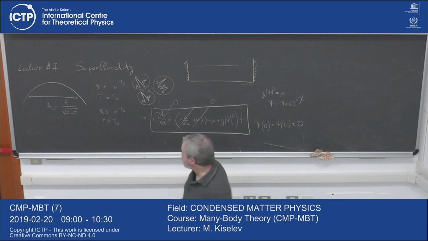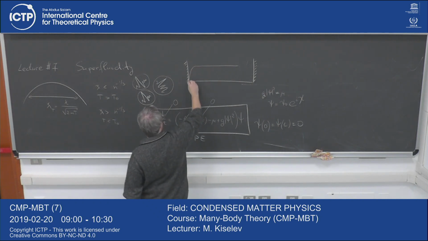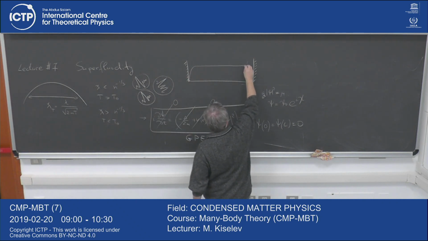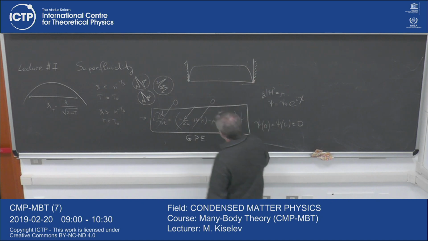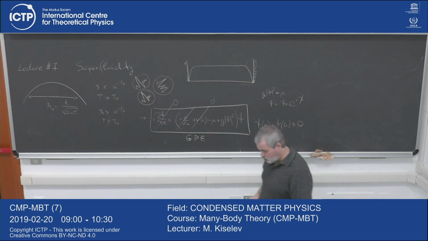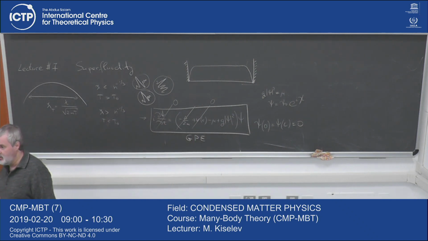Therefore, very close to the wall, the wave function should go down in order to provide the nullification of the wave function. You remember when you did your quantum mechanics, you considered particles in a box, and you found that the functions are sine and cosine.